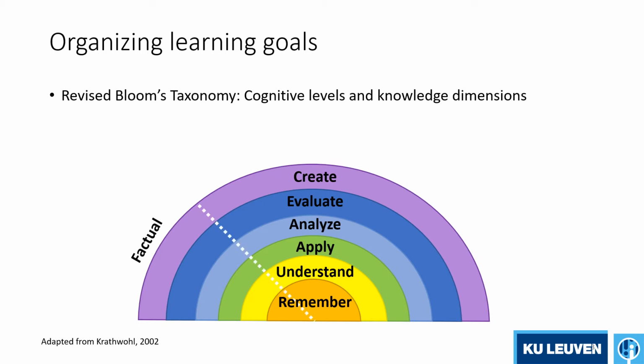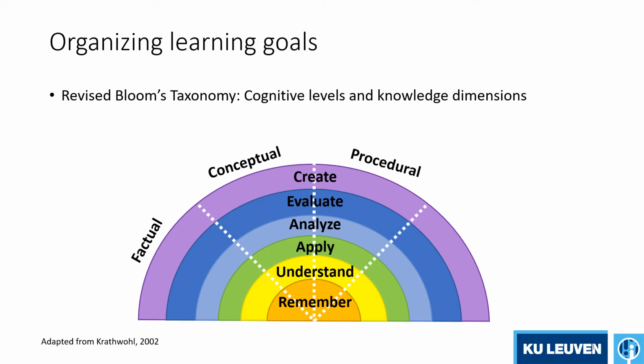The different knowledge dimensions identify different types of knowledge. Factual knowledge are things like, for example, knowing what the letters UML stand for, or knowing all the symbols of BPMN. Conceptual knowledge is about concepts like what is a compiler, what is a process, what is a class, what is a database, what are requirements.